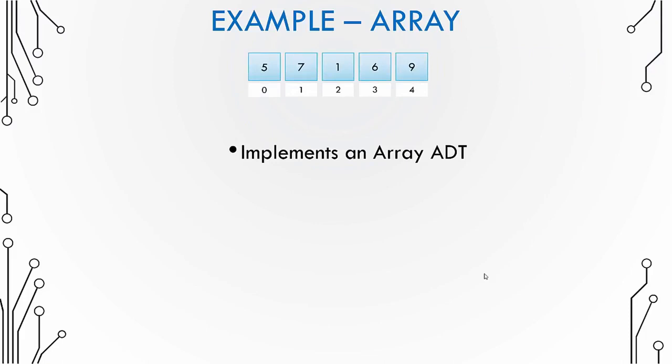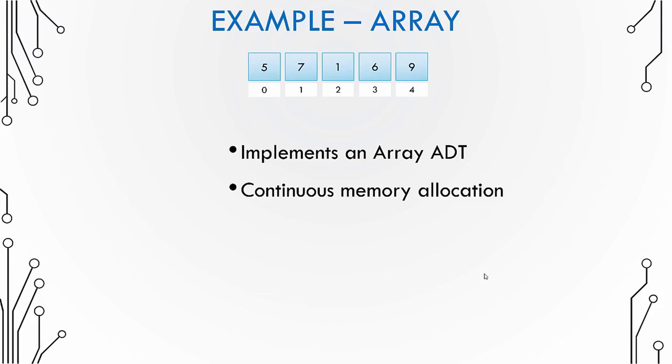If you have to implement an array abstract data type, then you will say that the memory allocation is continuous. In any programming language, an array is basically a collection of objects that sit beside each other in memory. So they are allocated continuously.